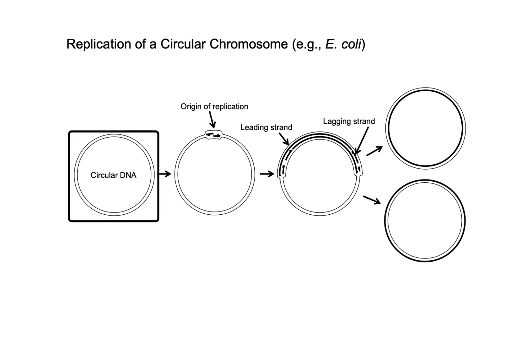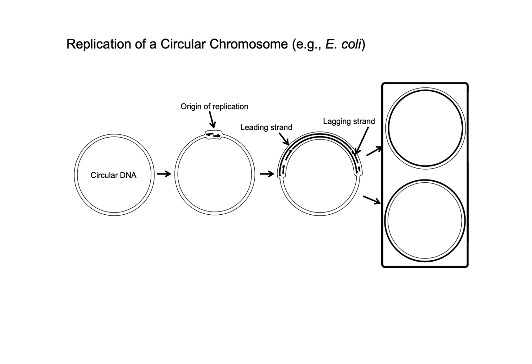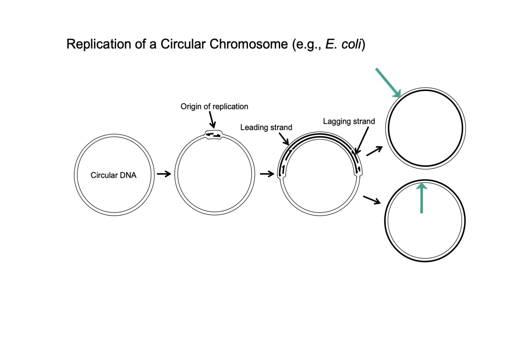So there's a circular DNA, and it starts replication at an origin of replication, a specific sequence that is recognized by some proteins to separate the strands, and then the DNA polymerase begins on the leading strand, going around in one direction, copying one of the strands, and then a lagging strand on the other side is copying the opposite strand, ultimately winding up with two strands for each of the new duplex molecules, and each one has one old strand indicated by the thinner line and one new strand indicated by the thicker line.